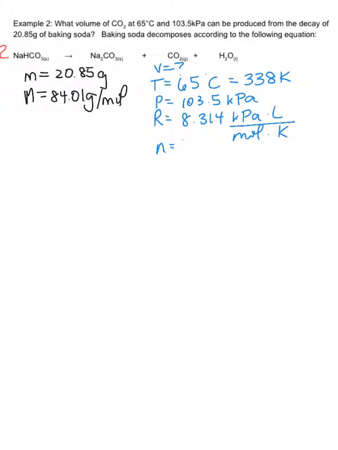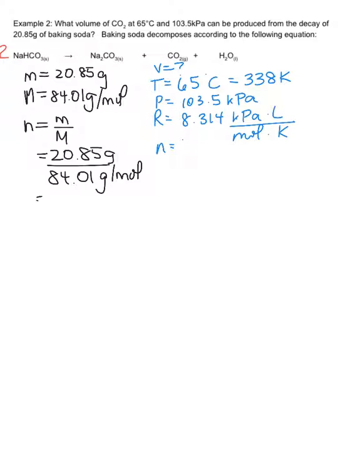And then I can use my equation, moles equals mass over molar mass, in order to solve for the number of moles. So 20.85 grams over 84.01 grams per mole. So therefore I have 0.248 moles of sodium bicarbonate.